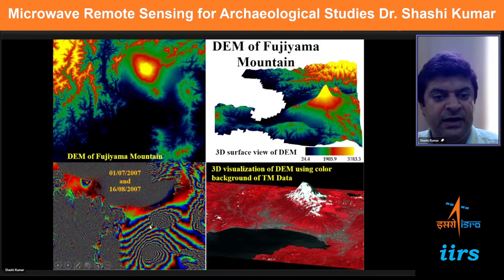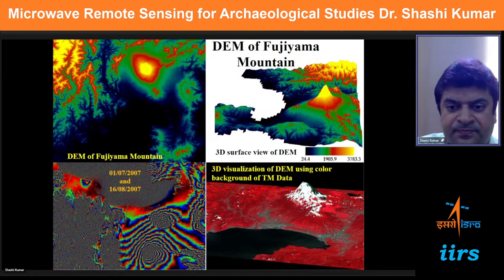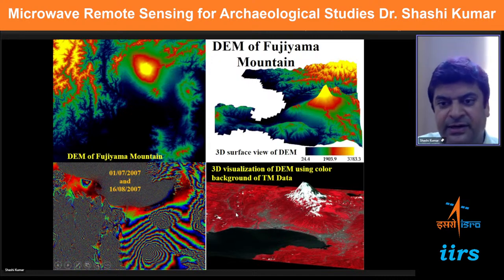Like with the help of the SAR interferometric dataset, the interferogram has been generated for Fujian. This is the 3D view of the DEM generated from the same interferogram, and this represents the overlay of the Landsat TM dataset over the DEM. So we can clearly see the undulation in the terrain with the help of the digital elevation model generated from the SAR dataset.